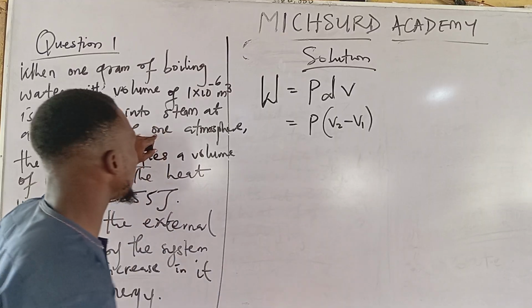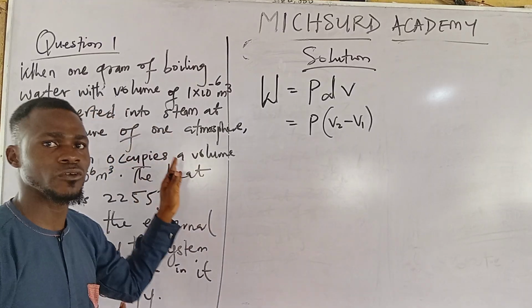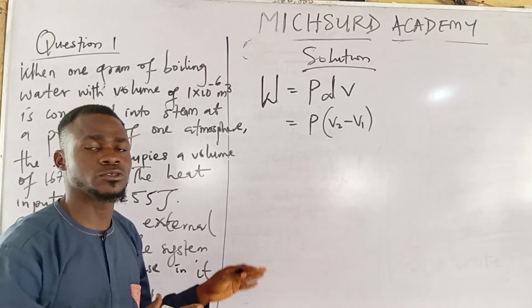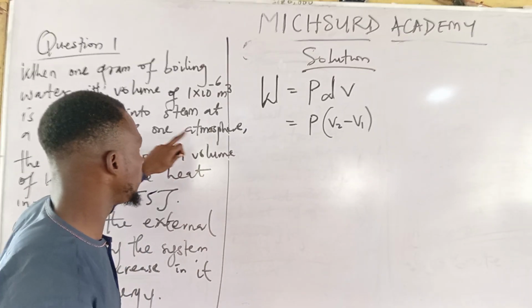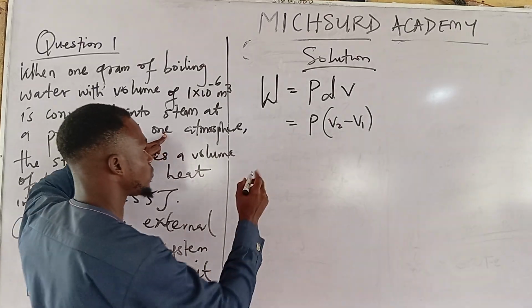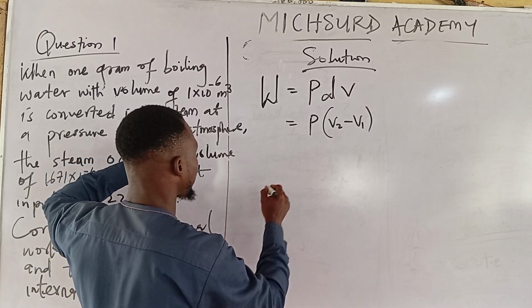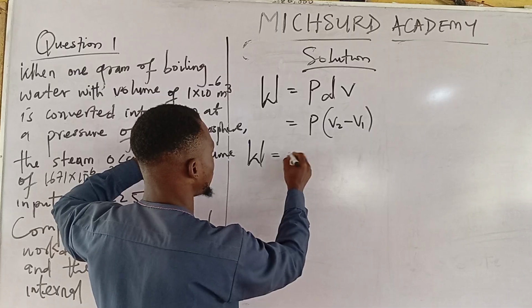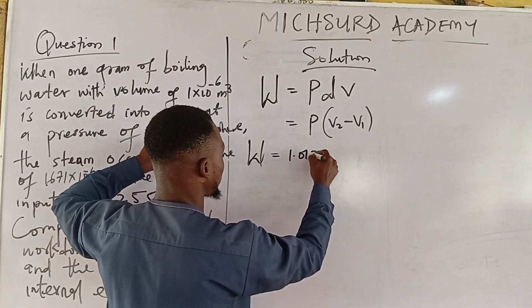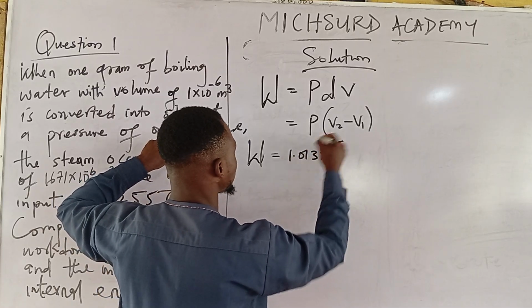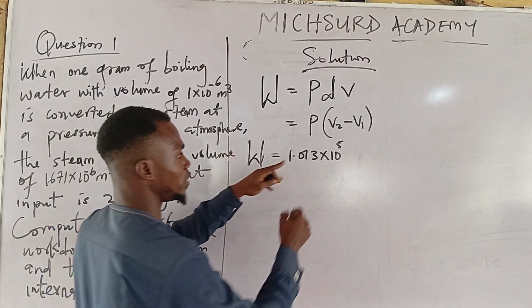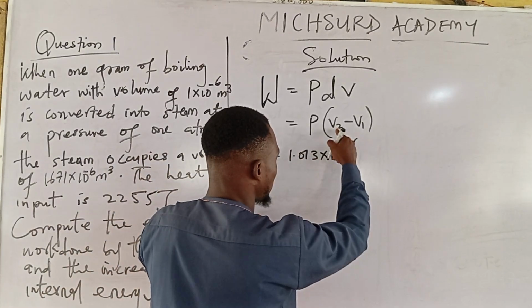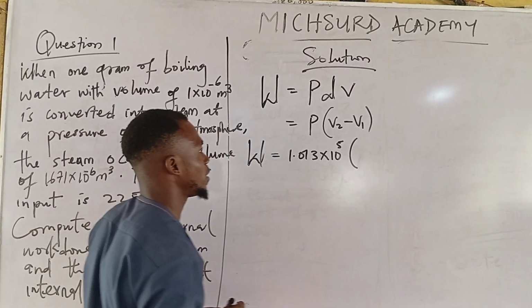The pressure is given as 1 atm, but we are going to convert the 1 atm into the standard form, which is Newton per meter squared. So you have to take note that 1 atm is equal to 1.013 times 10 raised to the power 5 Newton per meter square. We expect to do that conversion because our volume is in meter cube.